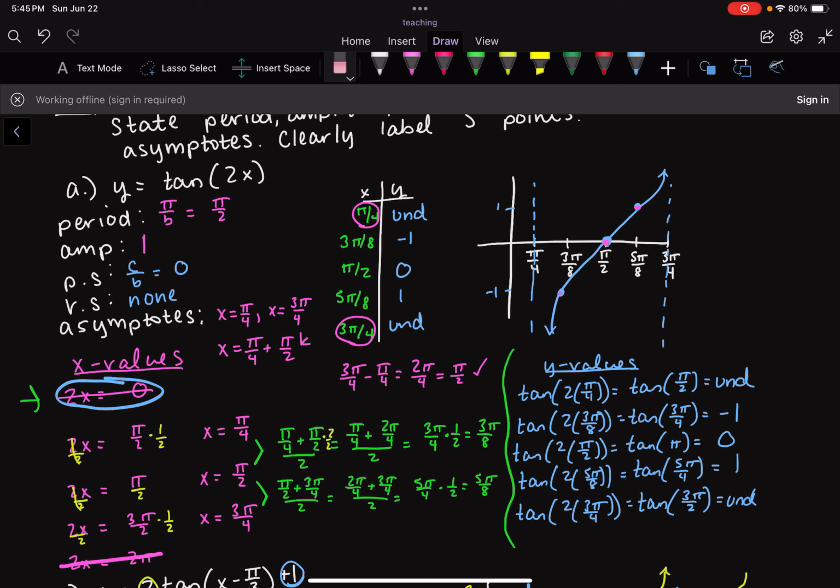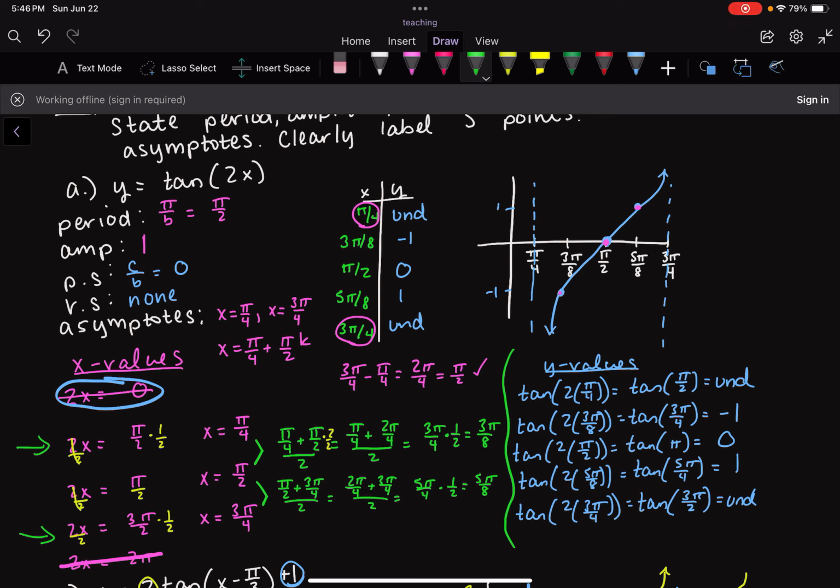So between the asymptotes is going to be one period. So we found that our starting value for our graph was actually this one, and our last one was this one, because that's where our asymptotes are. So that's where we're going to see one cycle of tangent.